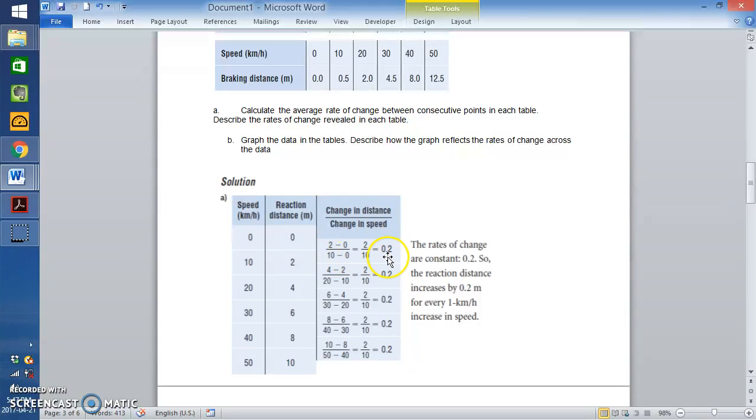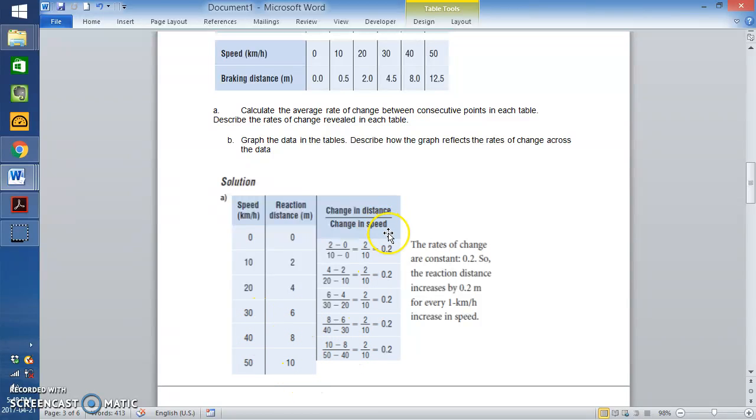And then we have a ratio of 0.2. We do the same thing with the following two consecutive points. 4 minus 2 divided by 20 minus 10. And then we continue until the end of the table. 6 minus 4 over 30 minus 20. 8 minus 6 over 40 minus 30, and so on.